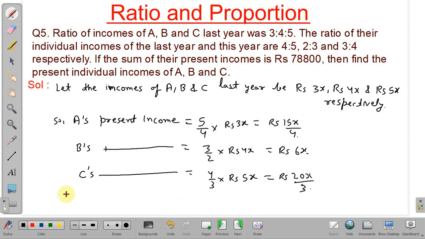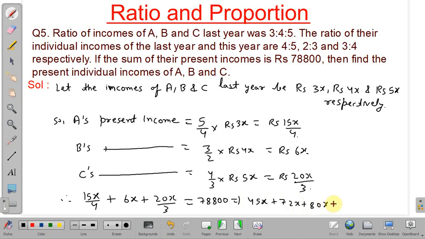Okay, and the next information given is that the sum of their present income is 78,800. So we have to add 15x by 4, that is A's present income, B's present income 6x, and C's present income 20x by 3, and the sum is 78,800. Okay, so LCM will be 12, and we will cross multiply, and after that we will get 45x plus 72x plus 80x equal to 78,800 into 12.